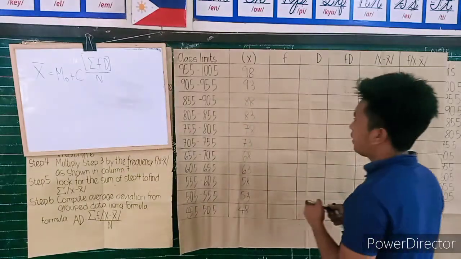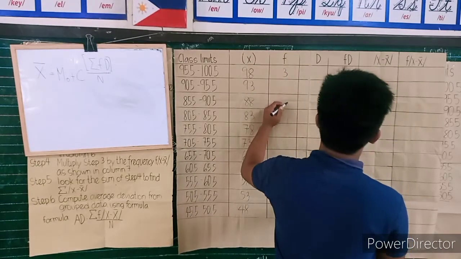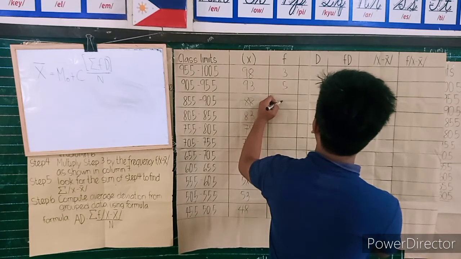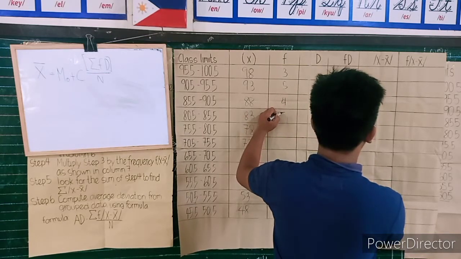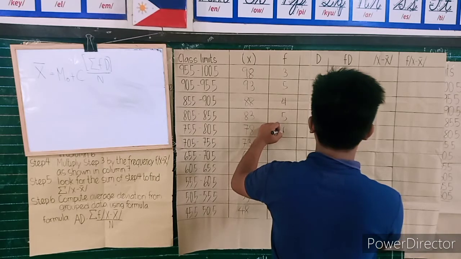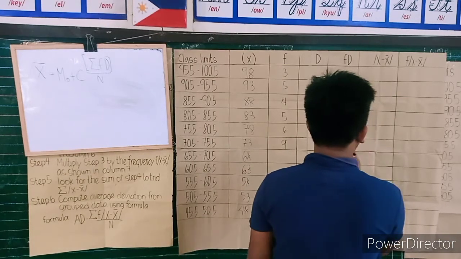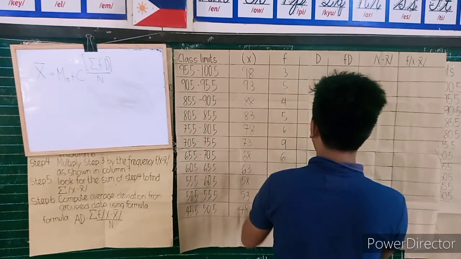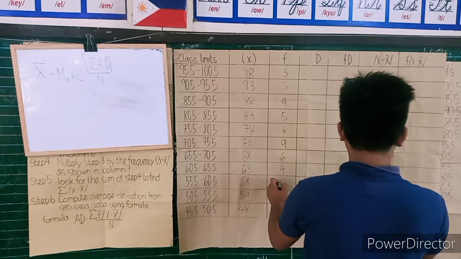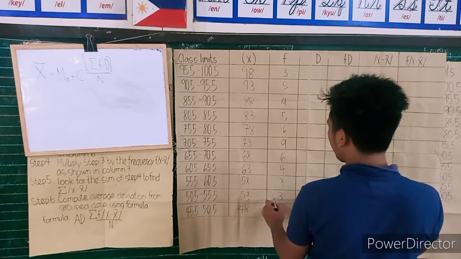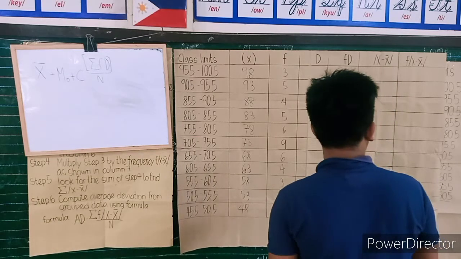So let us say 3 students got 98, 5 students got 93, 4 students got 88, 6 students got 78, 9 students got 73, 6 students got 68, 4 students got 63, 3 students got 58, 3 students got 53, and 2 students got 48.